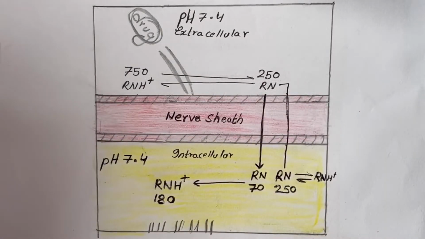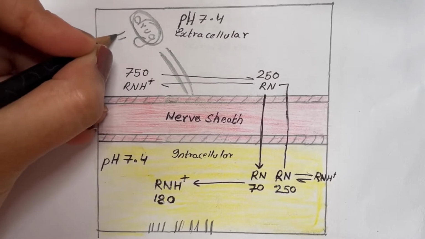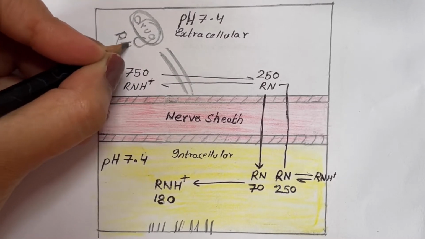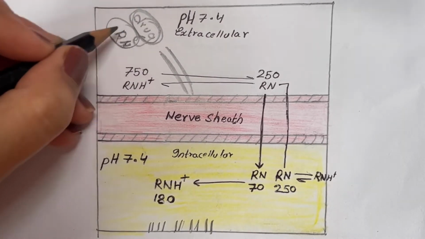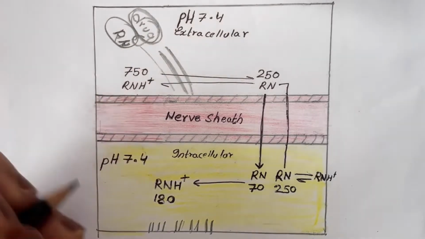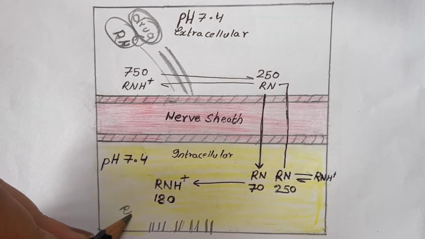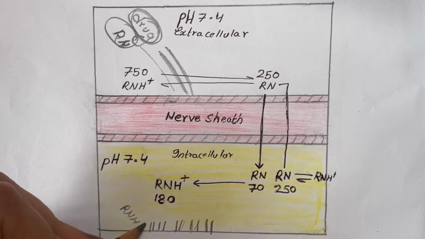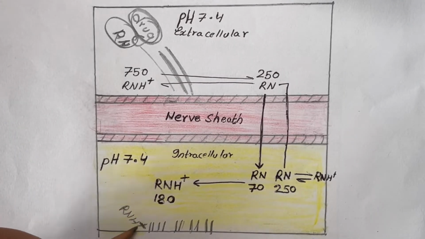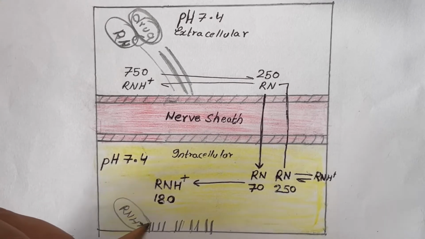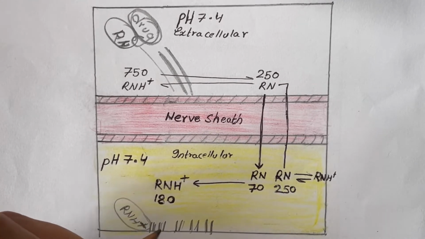The uncharged, lipid soluble free base form RN is responsible for diffusion through the nerve sheath, while the positively charged form RNH+ is responsible for binding at the receptor site.